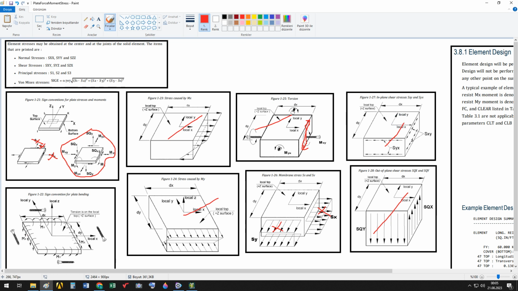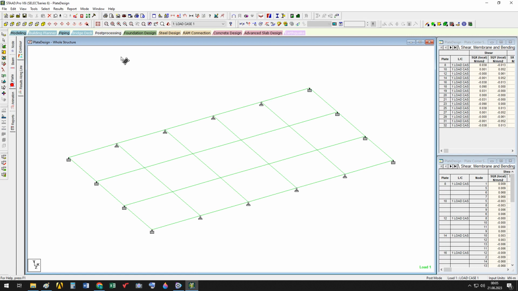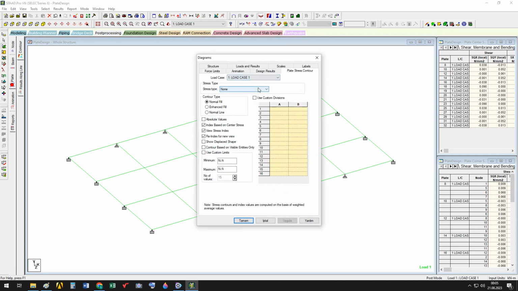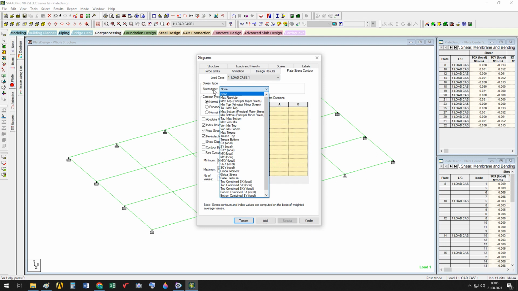So those are the symbols of plate forces. Let's see the variation of those forces. Here it's written stress, but we can see also forces, not stress.